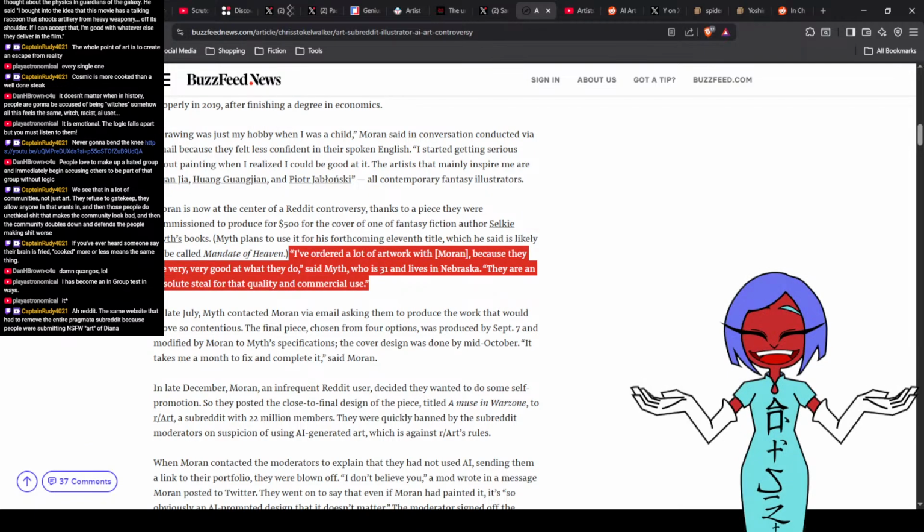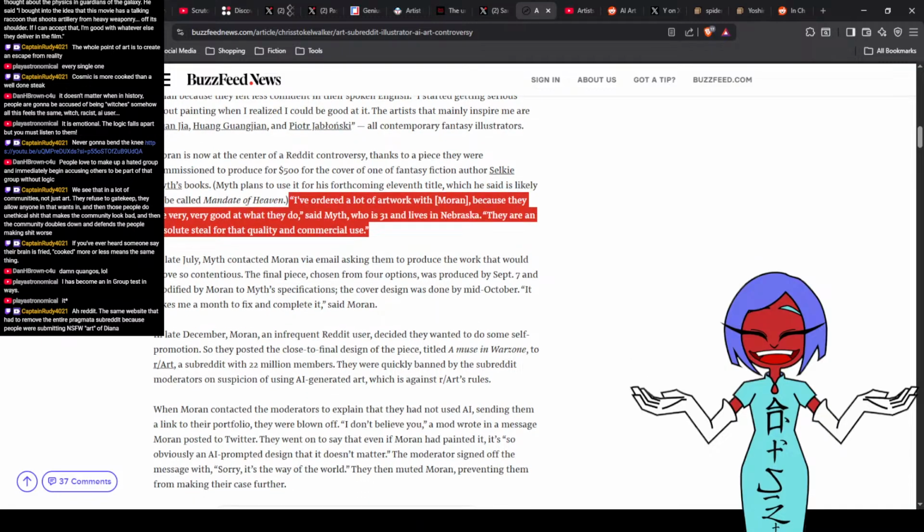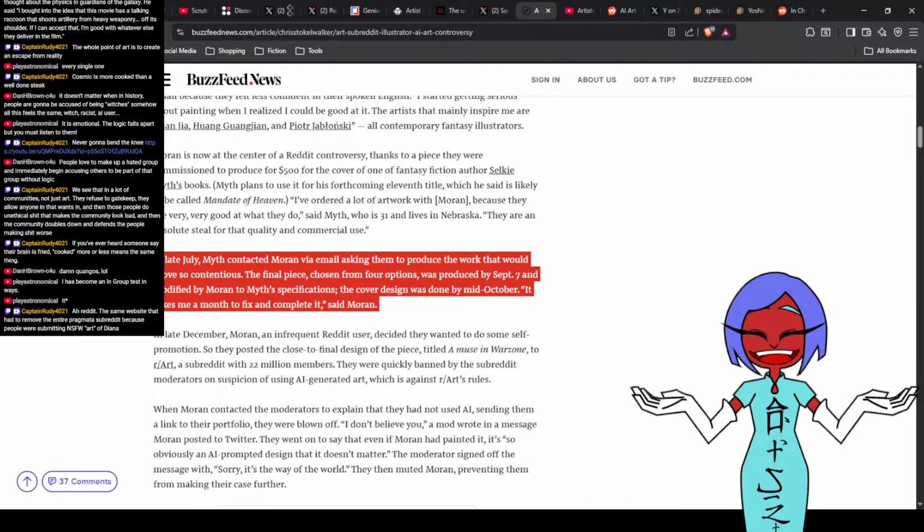I've ordered a lot of artwork with Moran because they are very, very good at what they do, said Myth, who is 31 and lives in Nebraska. They are an absolute steal for that quality of commercial use. In late July, Myth contacted Moran via email asking them to produce a work that would prove so contentious. The final piece, chosen from 4 options, was produced on September 7th and modified by Moran to Myth specifications.